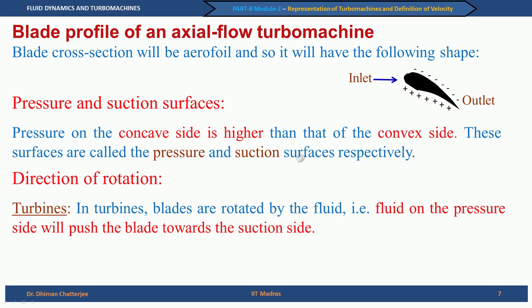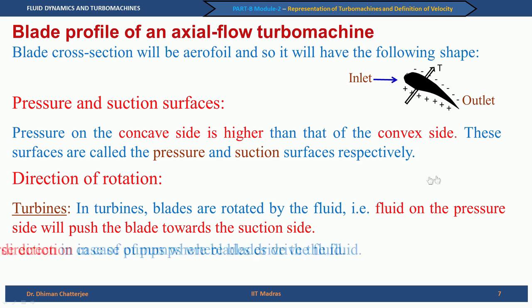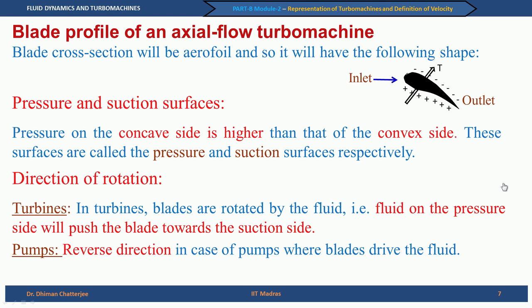So, let us look at it. When we are talking about turbines, we know that the blades are rotated by the fluid. That is, the fluid on the pressure surface will push the blade towards the suction side, and hence the direction of rotation is from the high pressure surface to the low pressure surface. In case of pumps, the situation is just the opposite.